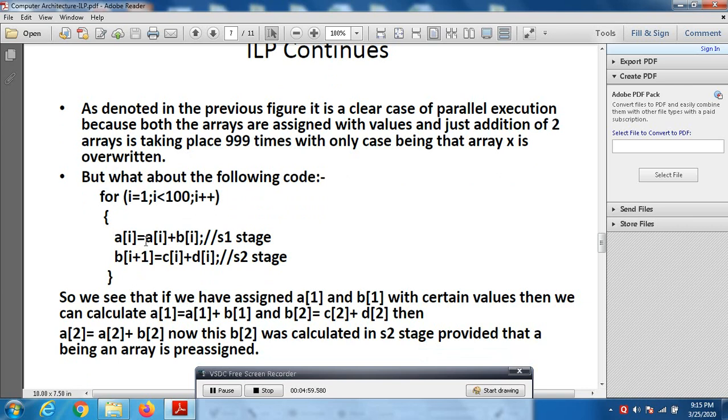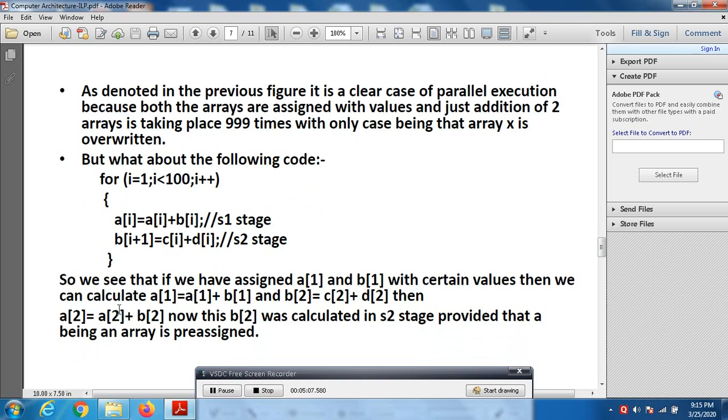Suppose we are doing for i equals 1, i less than 100, i plus plus, ai equals ai plus bi, and bi plus 1 equals ci plus di. So we see that if we have assigned a1 and b1 with certain values, then we can calculate a1 equals a1 plus b1, and b2 we can calculate as c1 plus d1. Then a2 equals a2 plus b2.